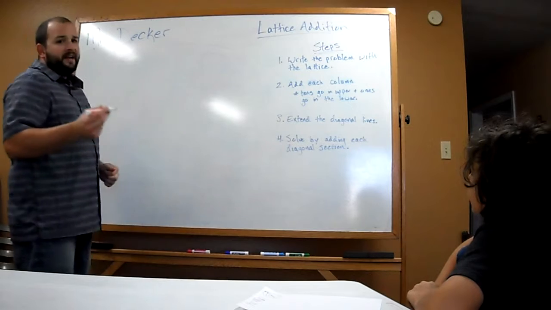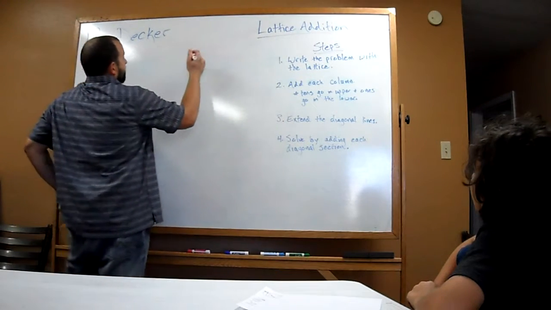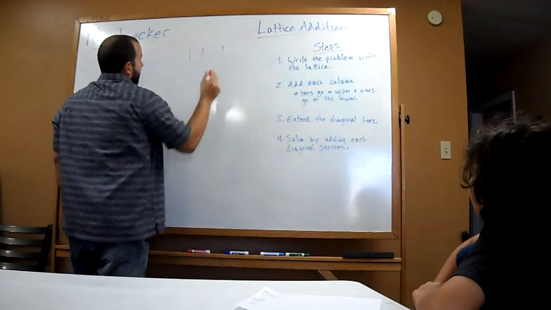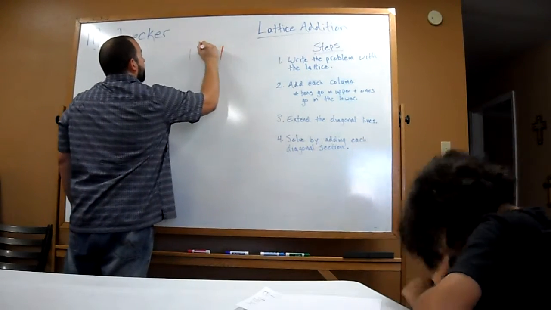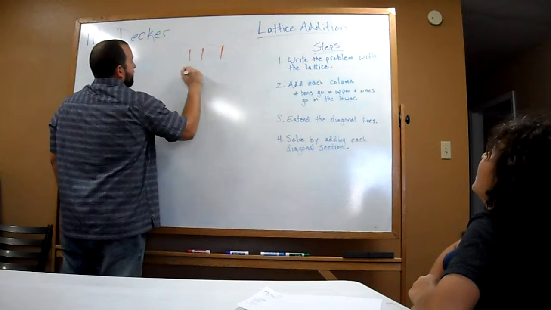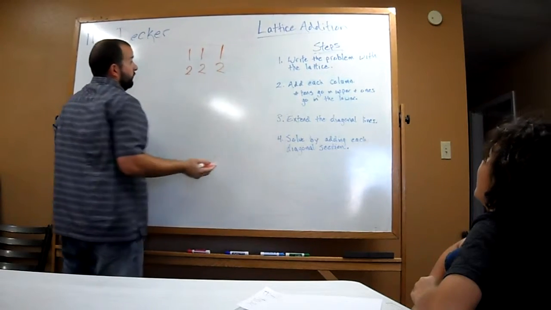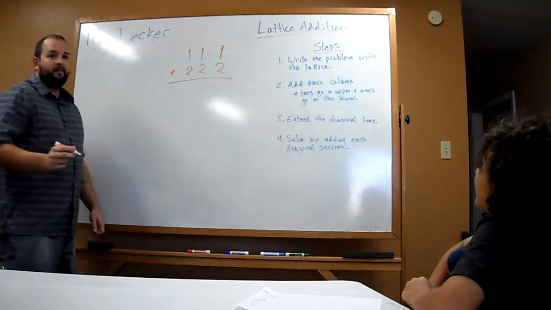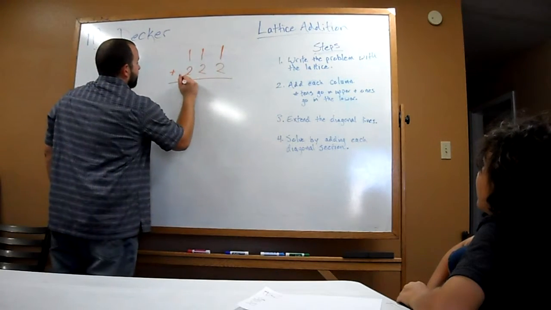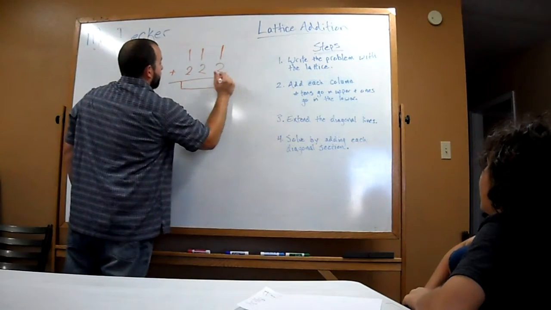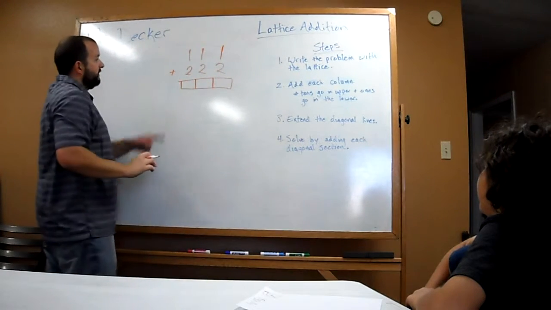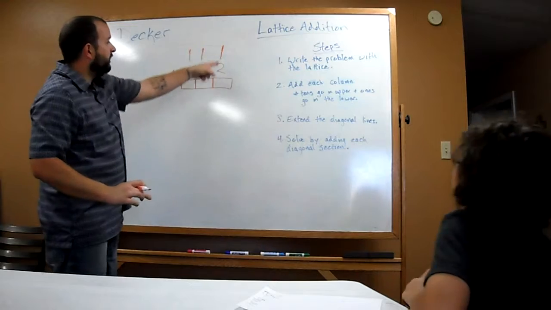Alright, so the lattice first of all is, I'm going to give you 3 simple numbers, let's say like 1, 1, 1 plus 2, 2, 2. So we're going to write it like we would just a normal math problem, but with our lattice we are going to draw a square underneath each column.